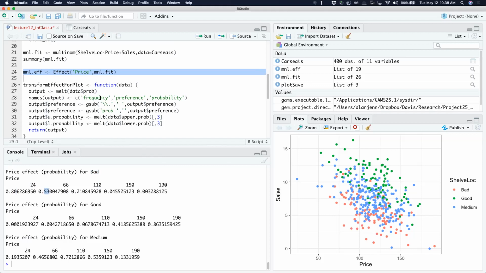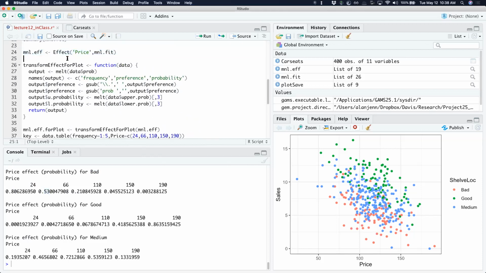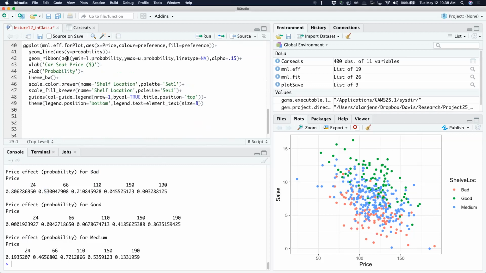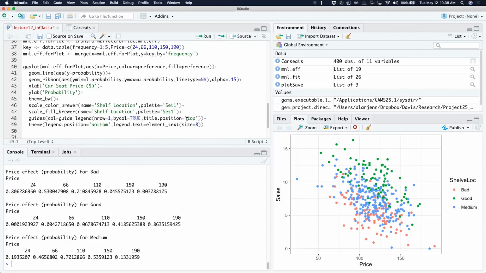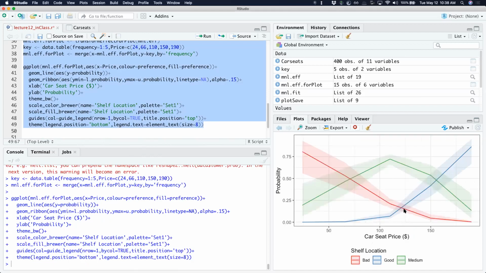Okay, and so I've gotten that from my effect function, and then what I'm doing is transforming the data so that I can plot it. That's all of this code here, and what we'll see is a graph that looks like this, which I think is quite a bit easier to interpret.